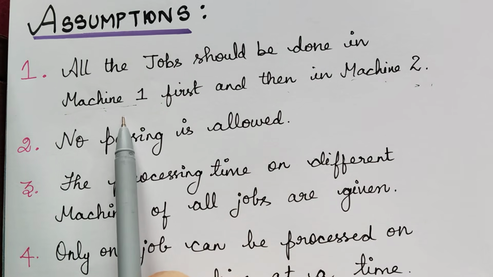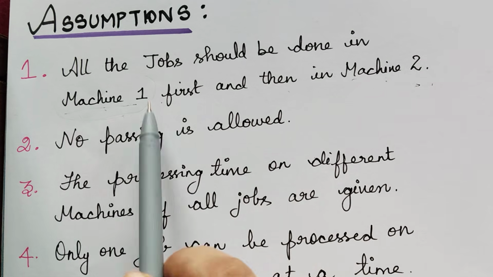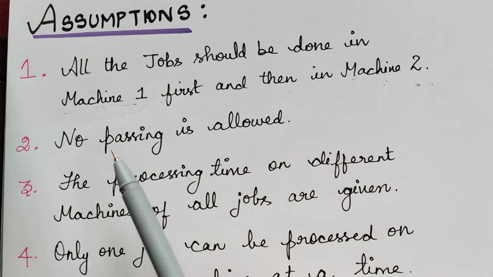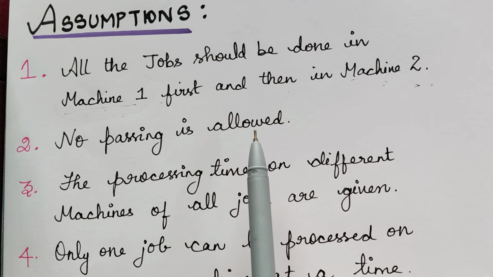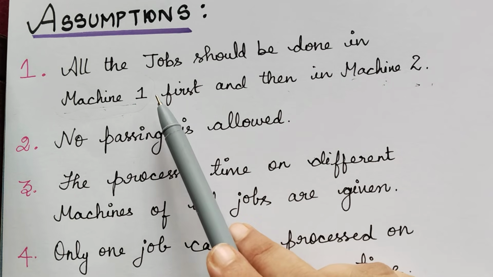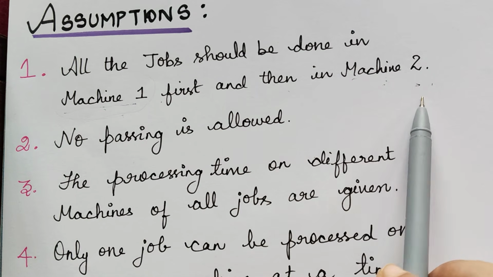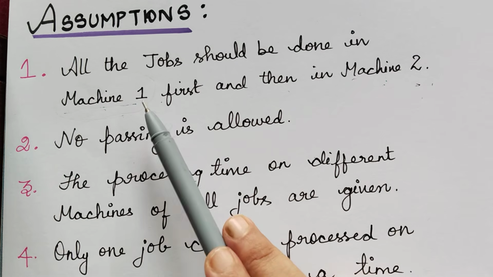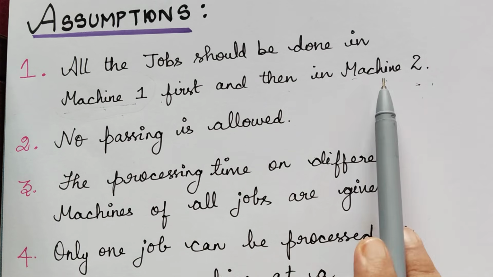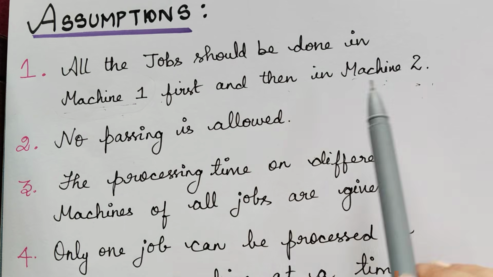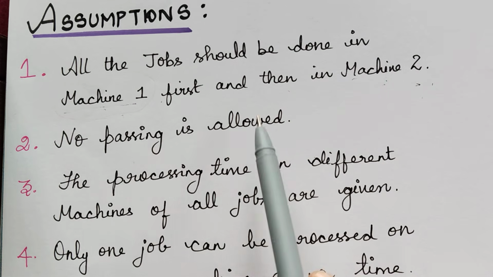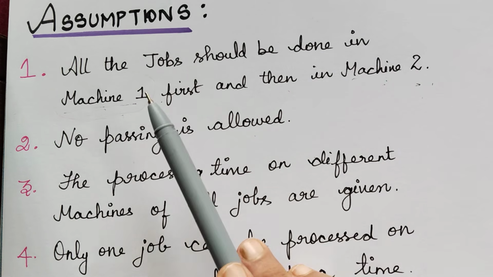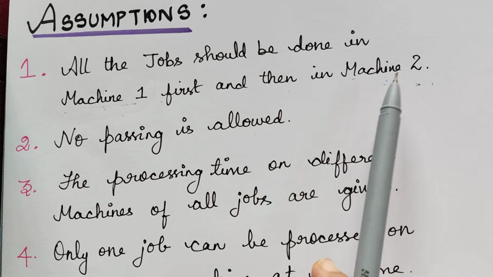No passing is allowed. We cannot skip machine 1 and directly go to machine 2. That is known as no passing. We have to first complete machine 1 and then only we can go to machine 2.